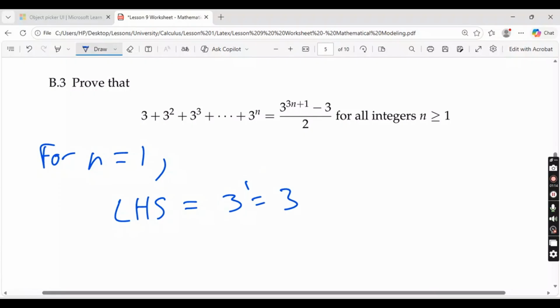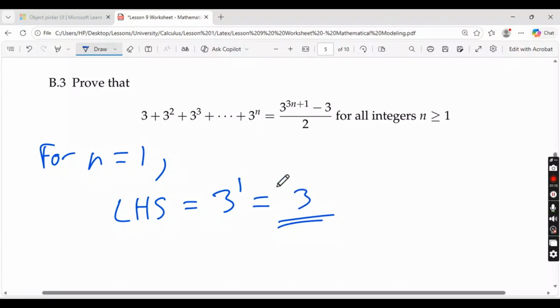Or what is the other way we could do it? We could take the formula and add 1 into the... Oh no, sorry, I'm taking the wrong side. So 3 to the power 1.